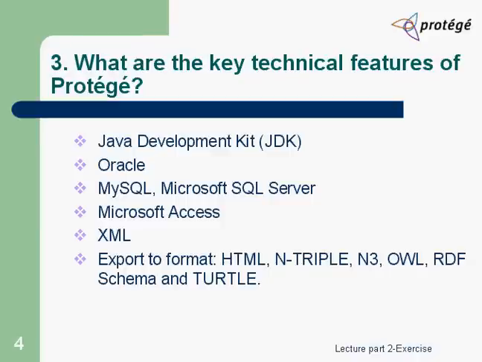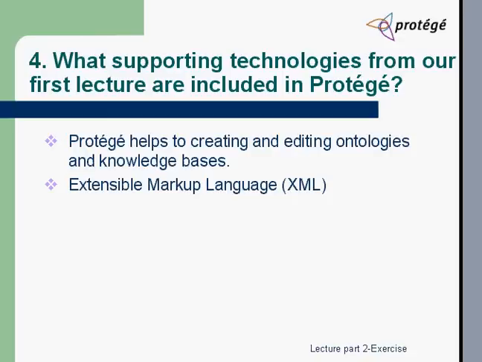Protégé uses its own schema. Another standard format is XML. As of Protégé 3.1 it works with an XML backend. This backend will eventually become the default backend for Protégé.